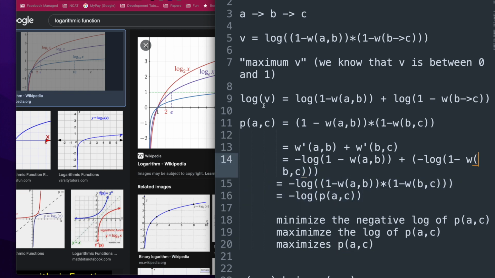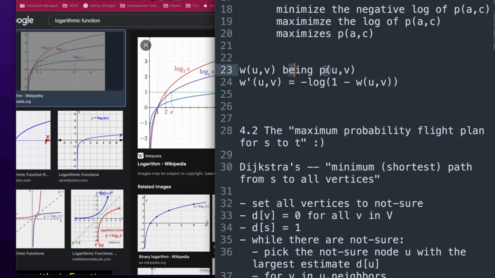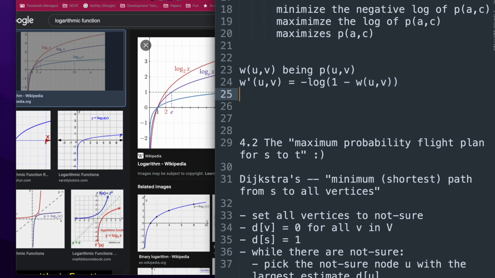So by doing this transformation, what are we doing? We create a new graph where the edge weights are given by this formula, negative log of 1 minus the weight of UV.